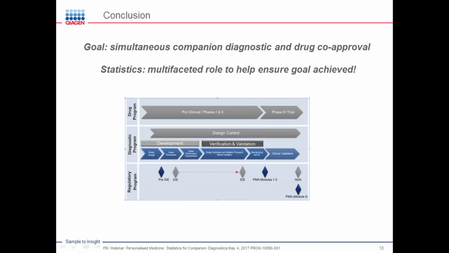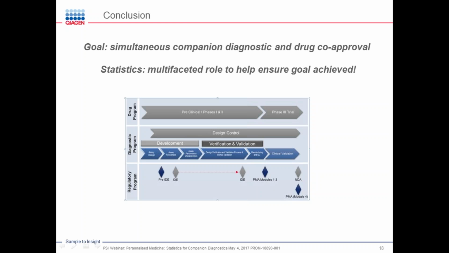So following the whole development process and including the clinical validation, we then reach a stage where we can submit for co-approval at the same time, the PMA going to CDRH and the NDA to CEDA. And if everything's gone according to plan, then we'll gain PMA and NDA approval at more or less the same time.